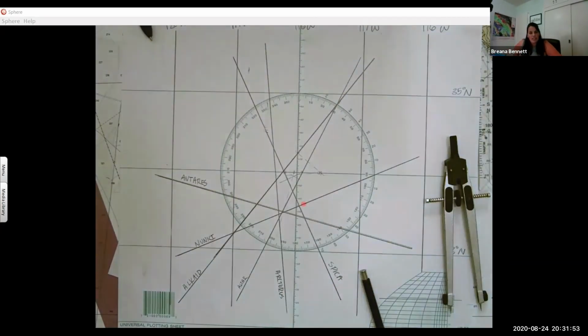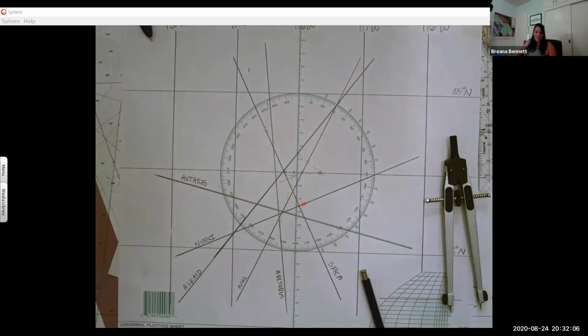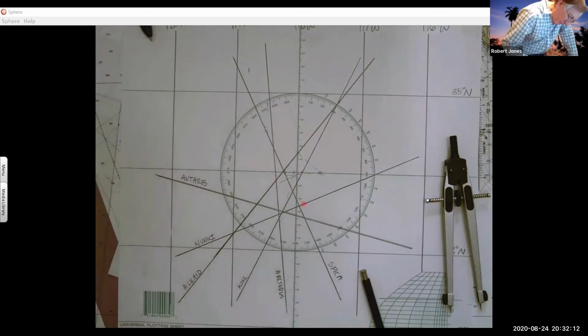We got a lot of lines on our plate. It's getting pretty crowded. Well, we got 3 more to do. So this could intersect in a couple of different places.